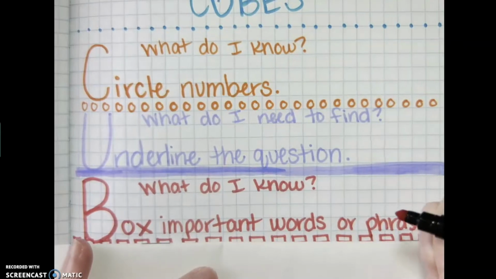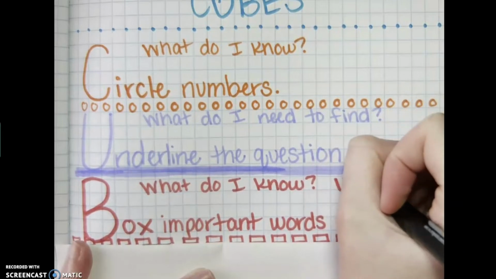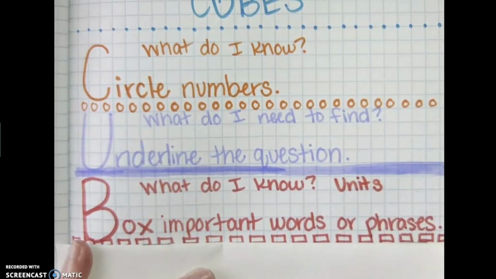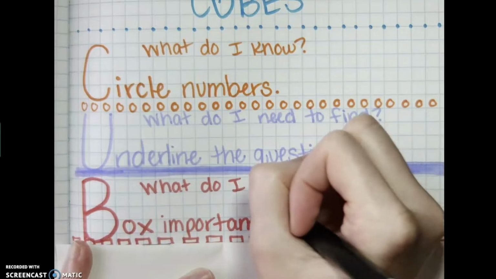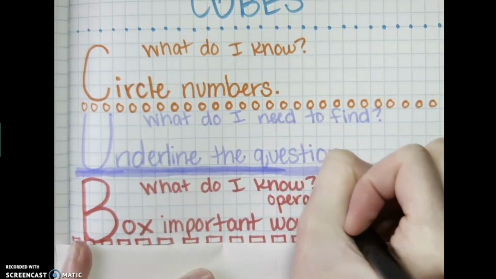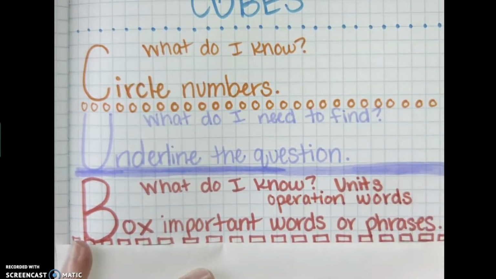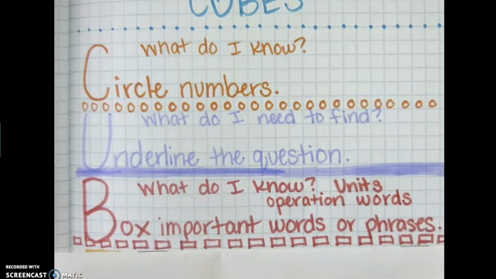So I'm going to add on to my notes, and I'm going to write units, and then maybe over here I'll write operation words, because we need to look carefully at which words we're boxing to make sure they're actually important.